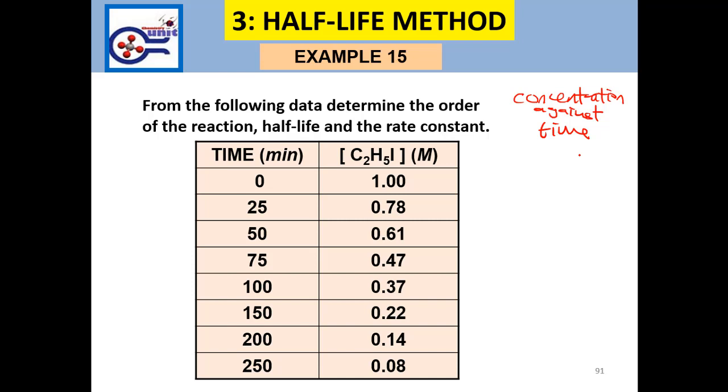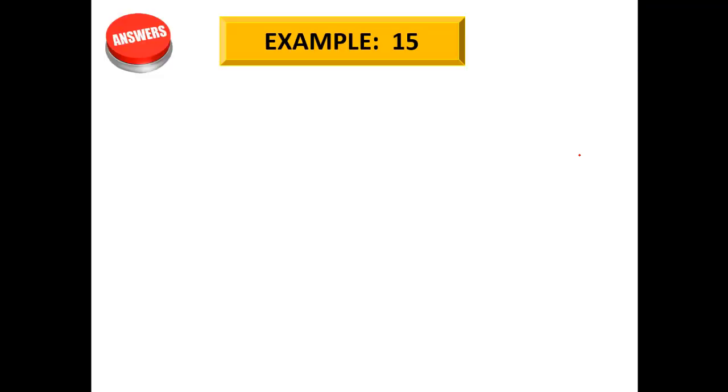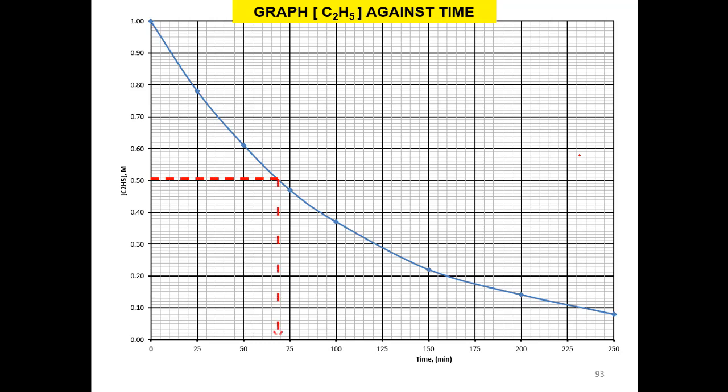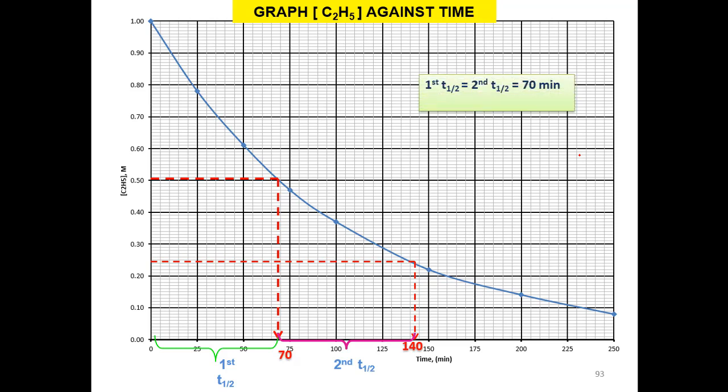If the half-life doubles, it is second order. If the half-life decreases, it is zero order. Okay, so when we plot, for this equation, you should get a curve like this. Suppose the first half-life is 70 seconds, and the second half-life is also 70 seconds. So this reaction is a first order reaction.